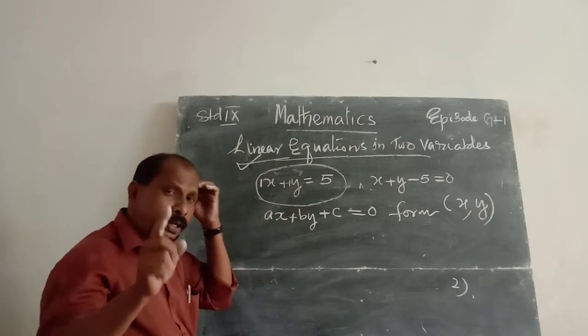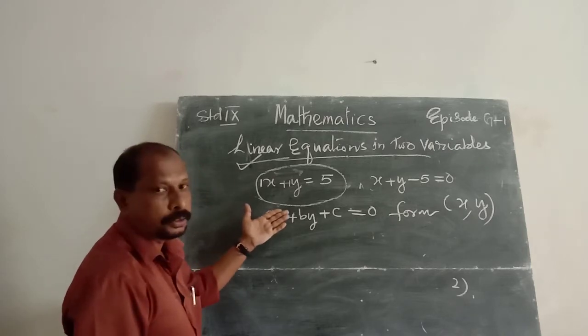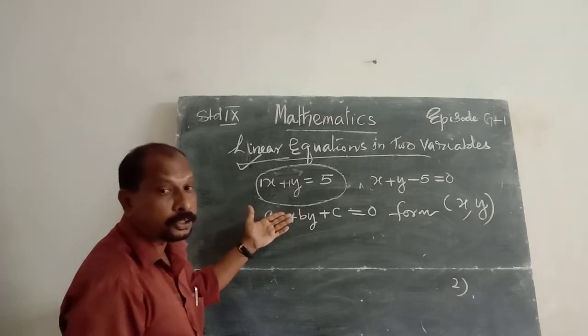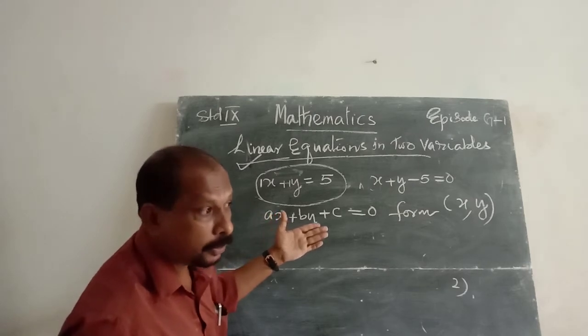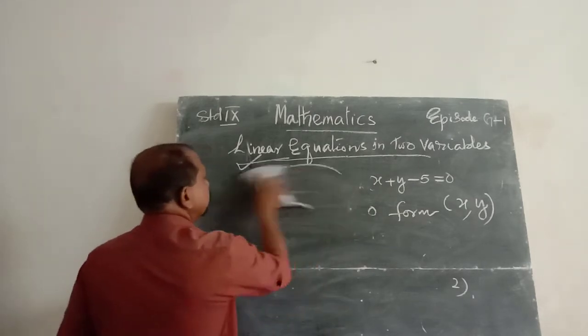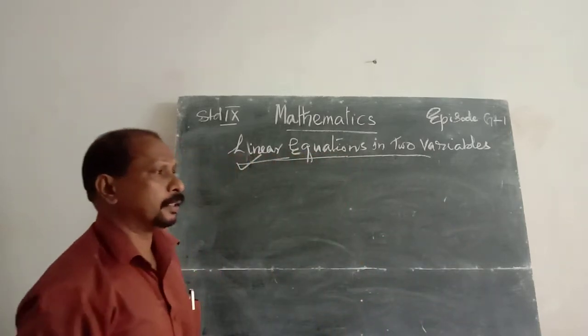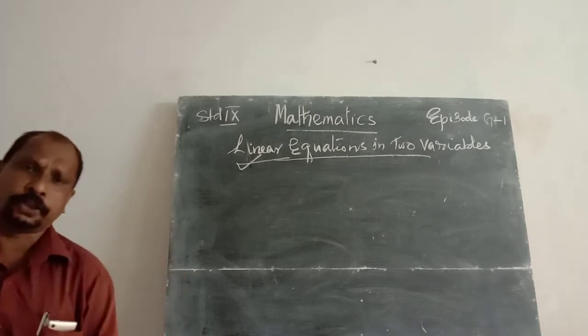There is only one linear equation given. We know that there are infinite solutions of that linear equation with x and y. Okay, then let us consider, in previous classes we studied coordinate geometry.